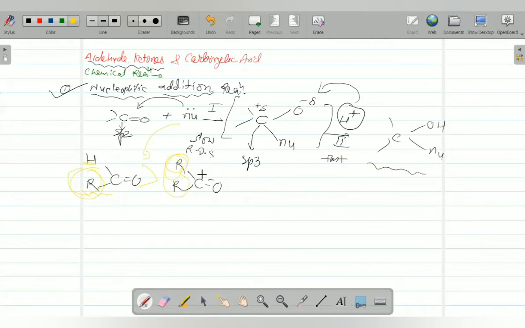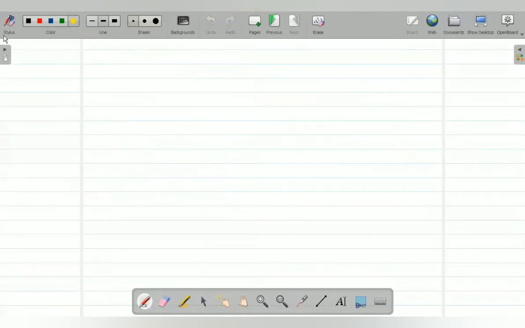First, addition of hydrogen cyanide, HCN.